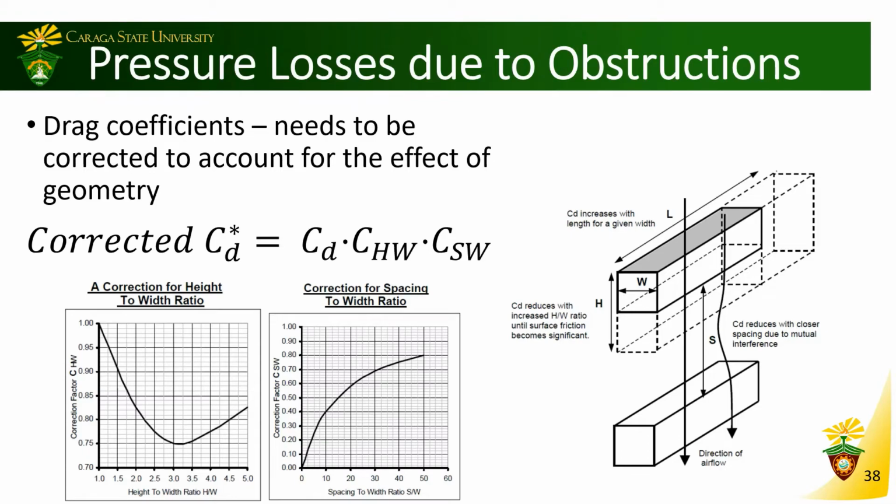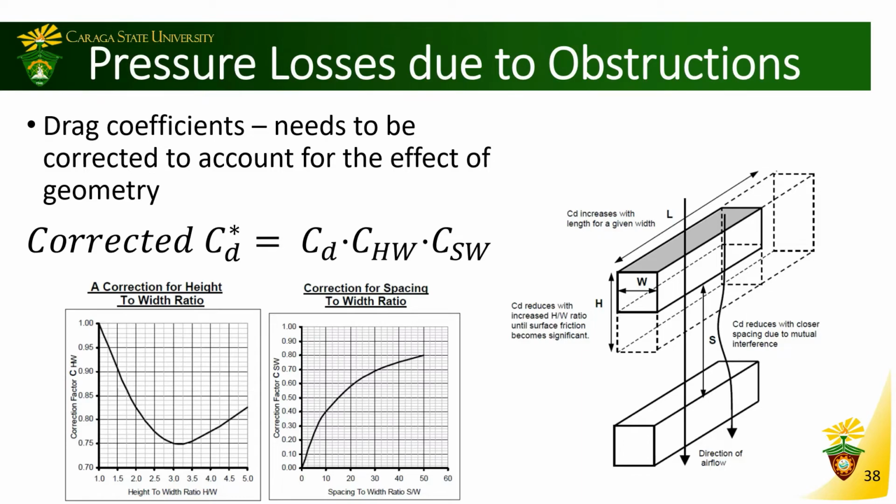So we could see from the diagram here on the right that C sub D increases with length for a given width. So C sub D reduces with increased height to width ratio until surface friction becomes significant. For spacing, C sub D reduces with closer spacing due to mutual interference.